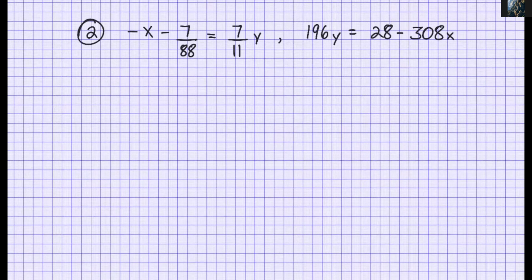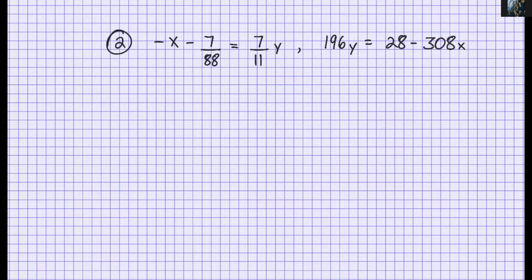So let's begin by rearranging our first equation. Let me move this variable to this side over here. So if it's adding, it will go subtracting.